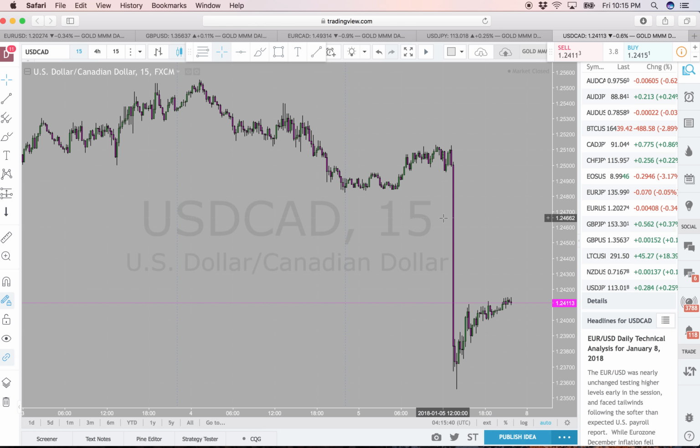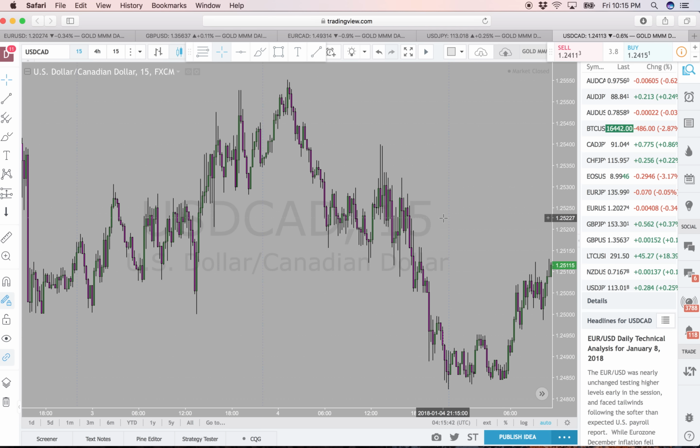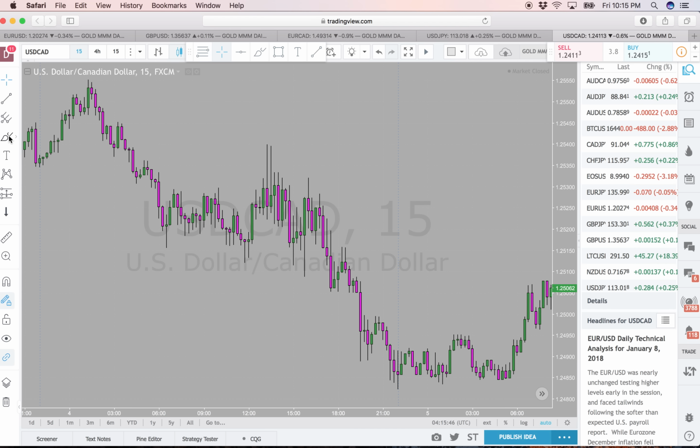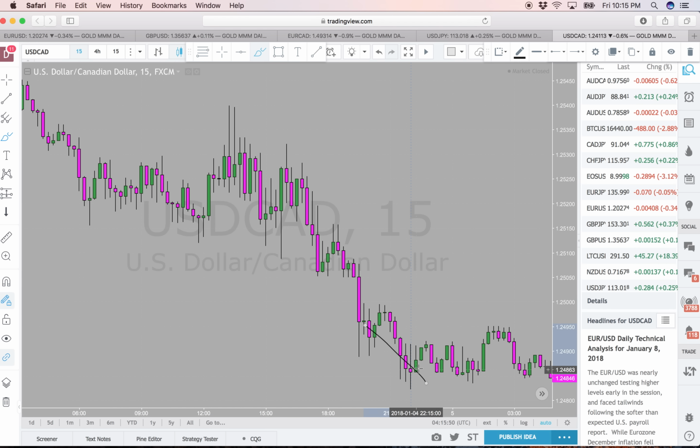USD CAD, we also had that W formation here off of the low of the previous day. We can see the low of the previous day was right here, and then this W formation off the low.